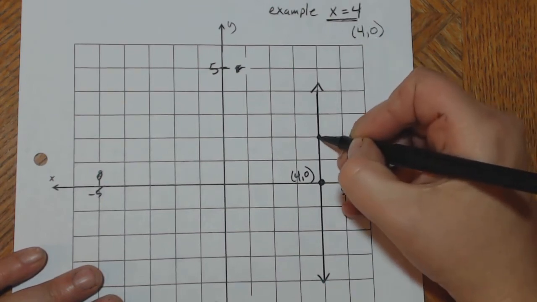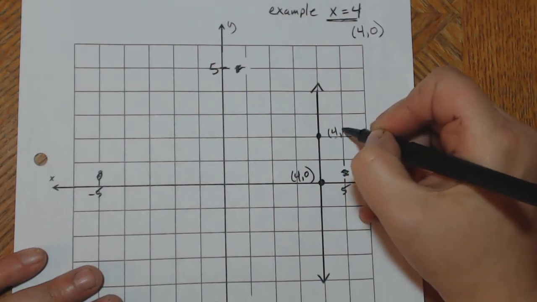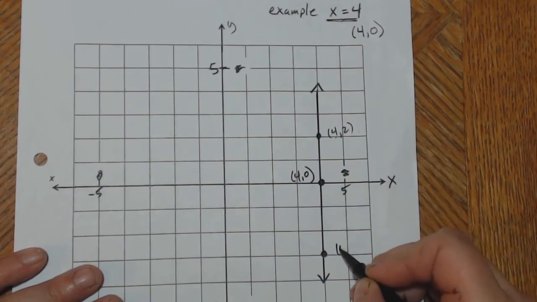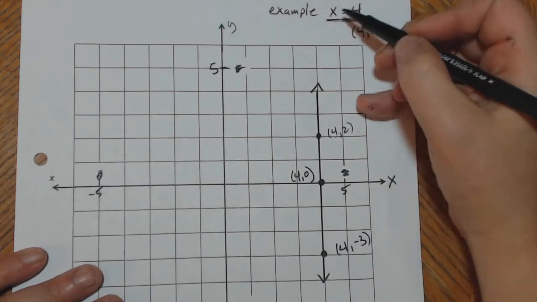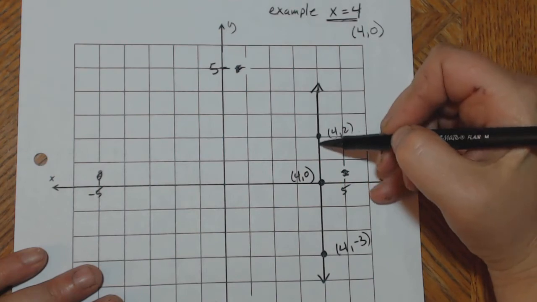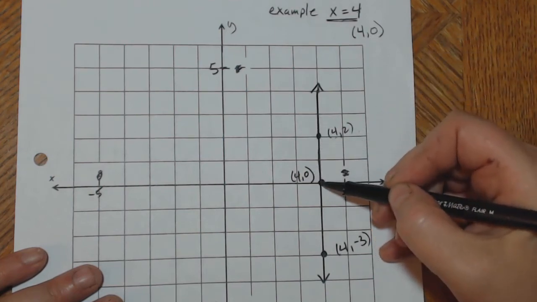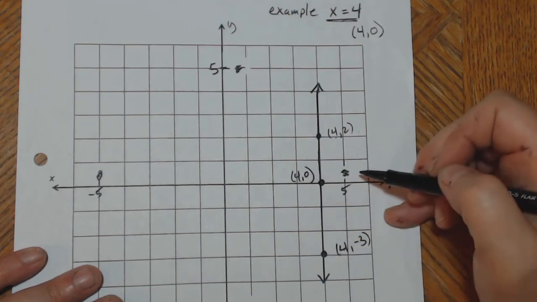And notice, no matter what point I pick on this line, the x-coordinate is always going to be 4. So x equals 4 is a vertical line that has an x-intercept of (4, 0), and every point on that line has an x-coordinate of 4.